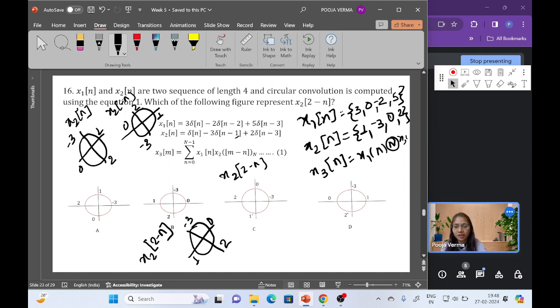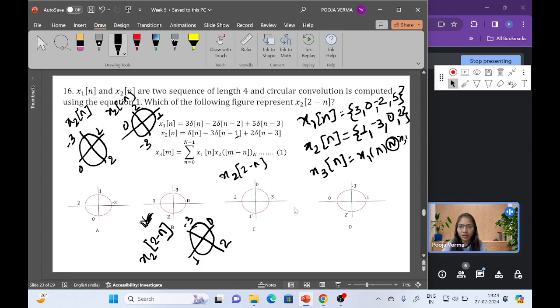Okay, so let's check option A. No, this one is wrong. Then check option B. So this seems to be the correct answer for this question. So the 2-point rotation of x2 of n will be 0, -3, 1 and 2. So option B is the correct answer for this question. Okay.